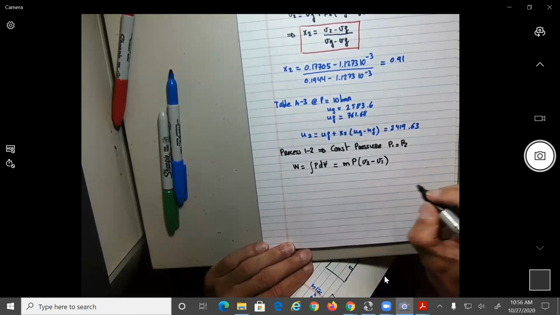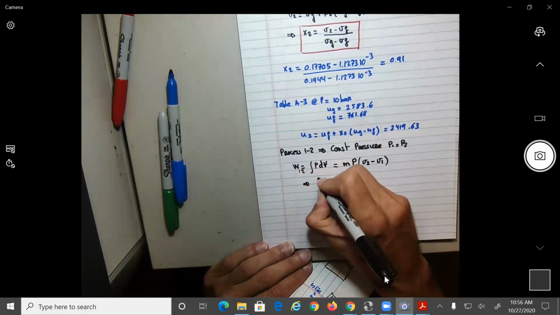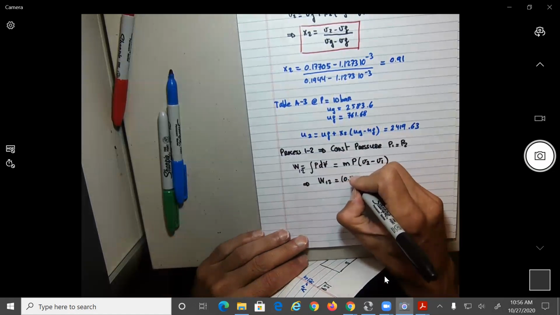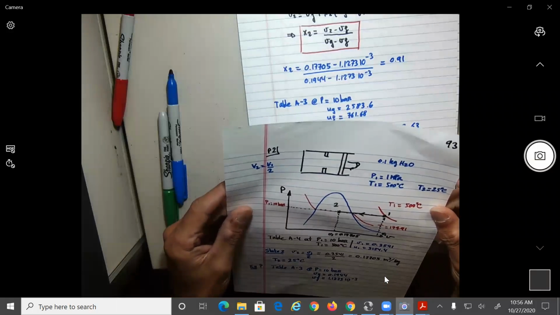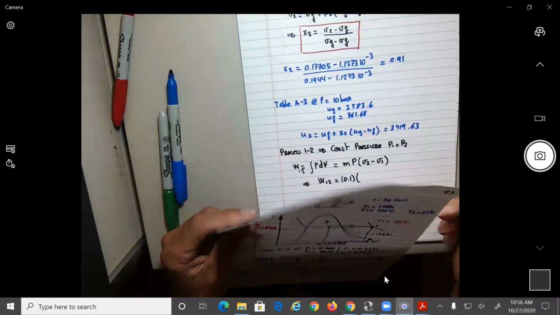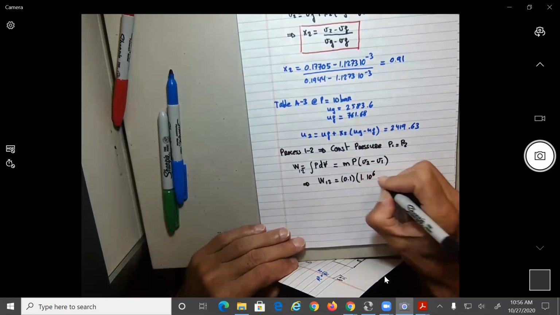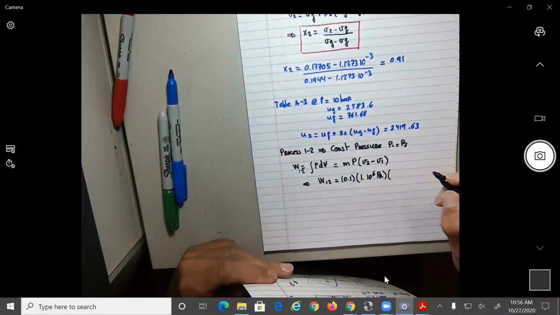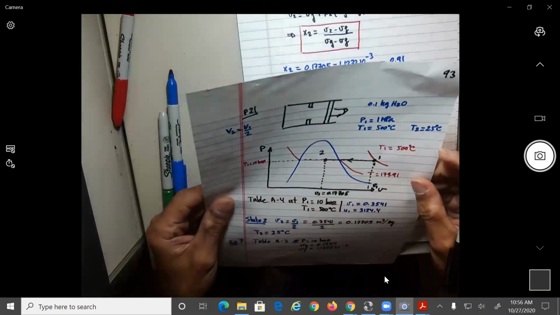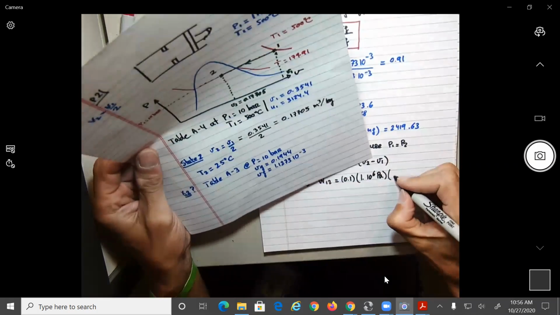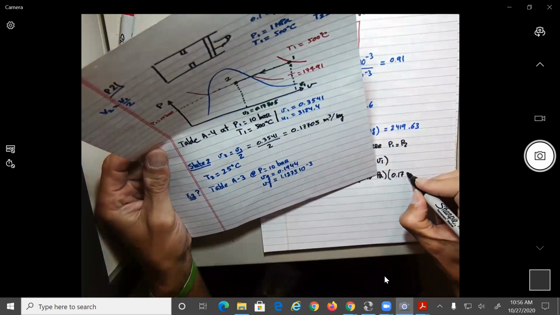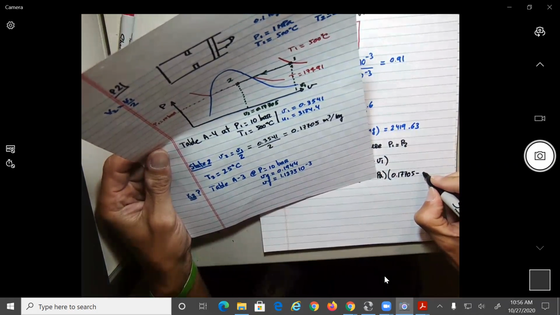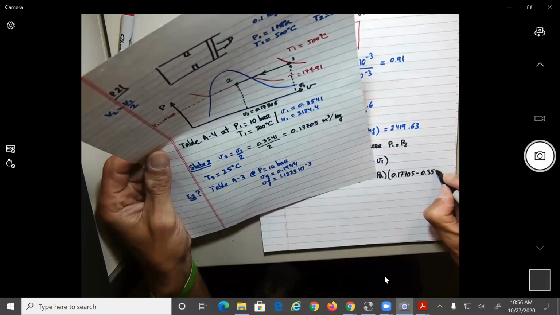All right. So from this equation, what do we get? Work 1,2 will be equal to what? I think the mass is 0.1 kilograms. The pressure is 1 megapascals. So that will be 1 times 10 to the 6 pascals times V2 that we found to be equal to 0.17705 minus 0.3541.